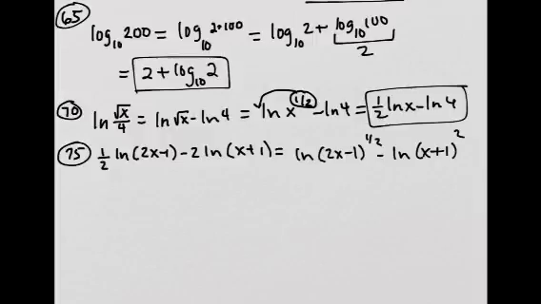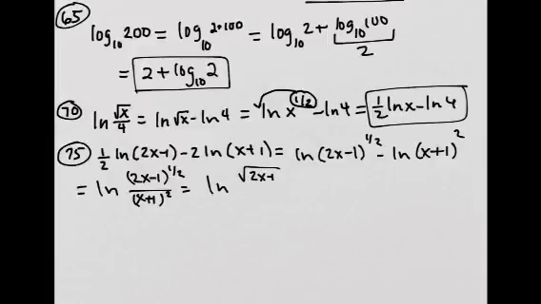Now remember, the difference of two logs, if the bases are the same, is equal to the log of the quotient. So this becomes natural log of (2x minus 1) to the 1/2 over (x plus 1) squared. Now we can get rid of that 1/2 and write it as the square root of 2x minus 1 over (x plus 1) squared. And that would be the final answer.